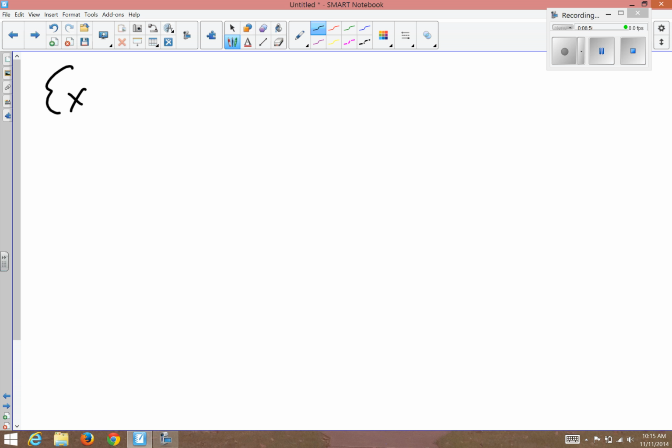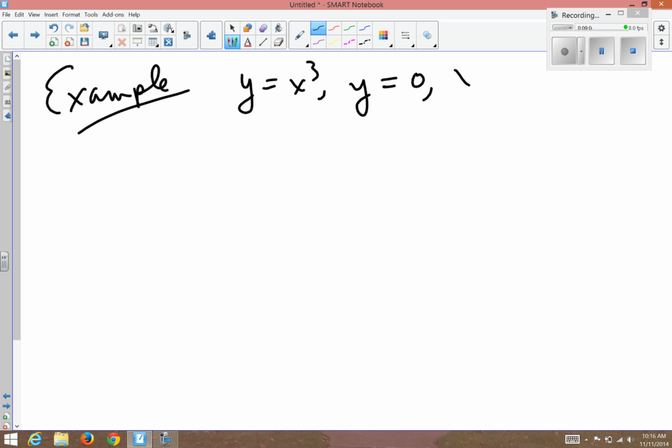So the second example is: the base of a solid is bounded by y equals x cubed, y equals 0, and x equals 1. So I'm going to make a region that has these 3 boundaries.